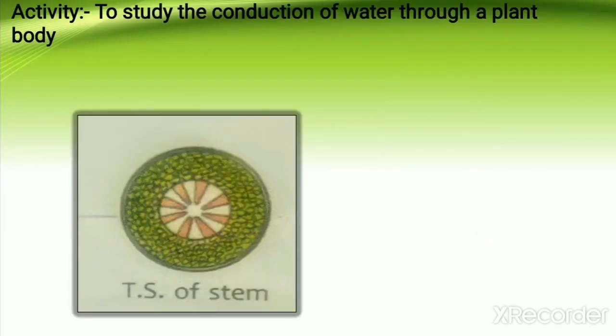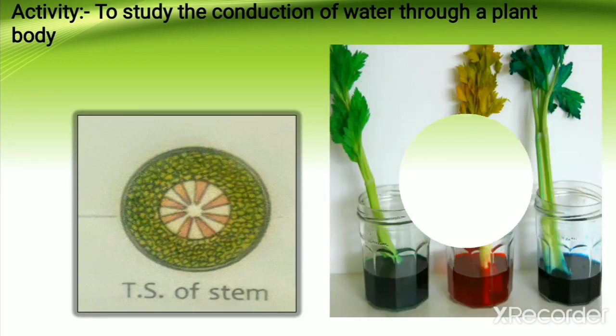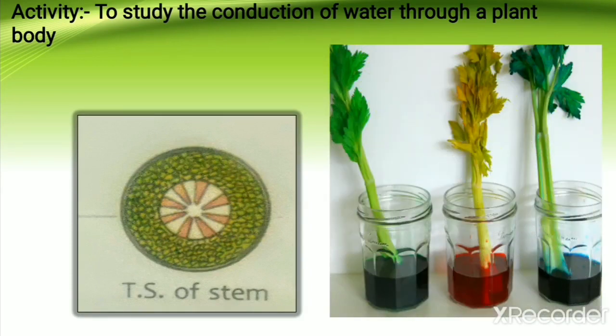Now let us discuss one activity to prove that water conducting tissues are the xylem tubes, and they are located on the inner side of the vascular bundle. For this we need some small plant twig and some food color and water. First of all, make colored water by mixing food color in water, and then place that twig in that colored water overnight, and then observe the color of the leaves the next day.